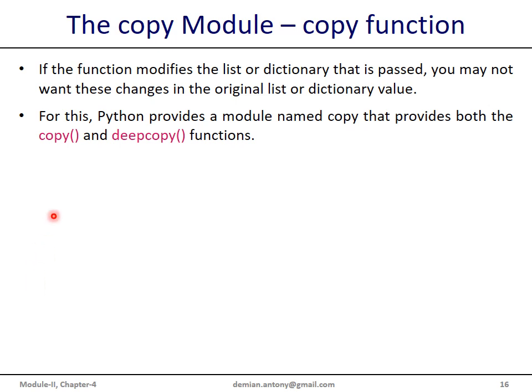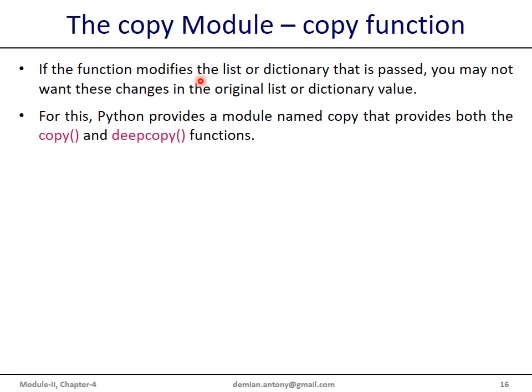The copy module. When we pass a list to a function, the function can modify the list elements, and the effect of the modification is visible in the main program also.